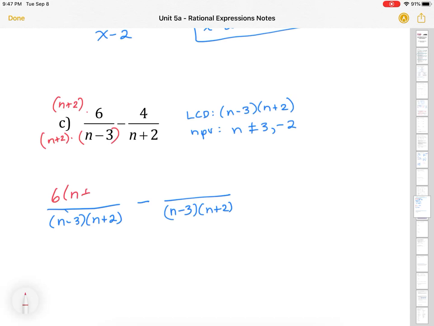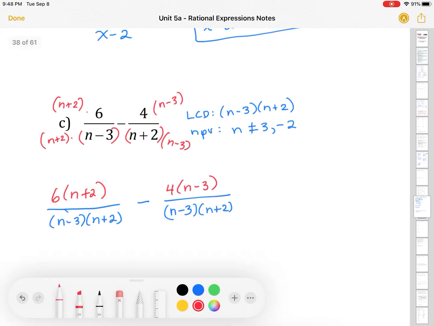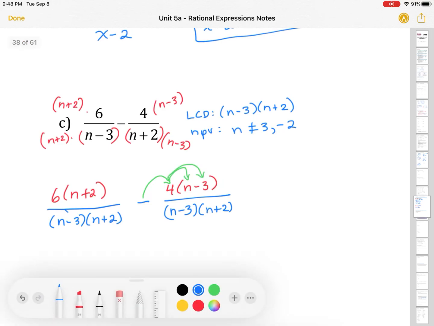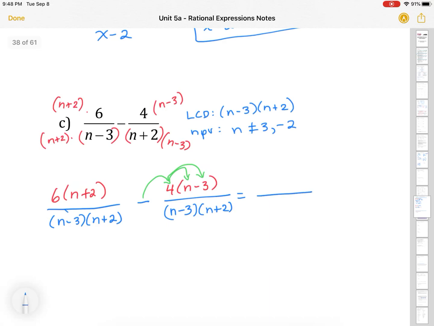So it will be 6 times n plus 2. And here I multiplied it by n minus 3. So that's what I'm going to do to the 4. So it'll be 4 times n minus 3. Now, it's a subtraction, so we need to treat this like that's a negative 4 when we distribute it to each of these. So let's do our expanding.